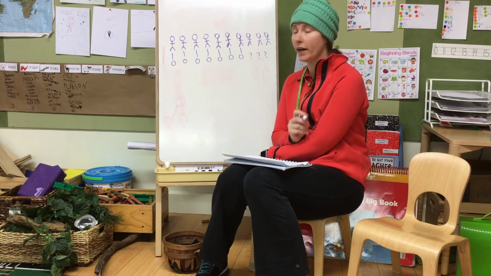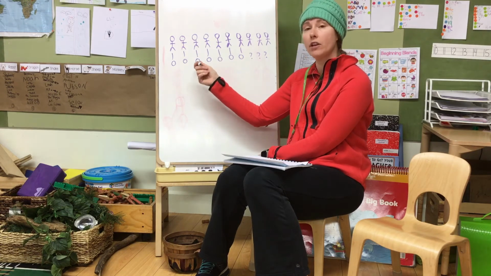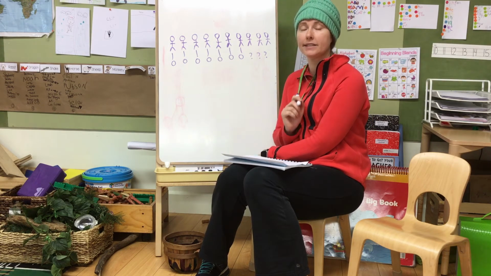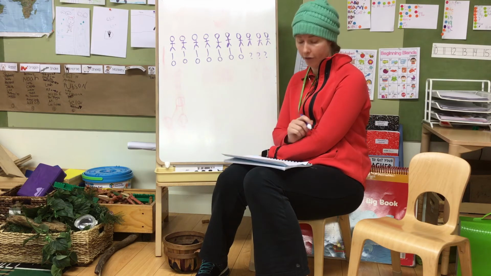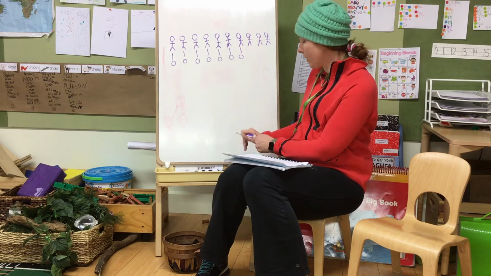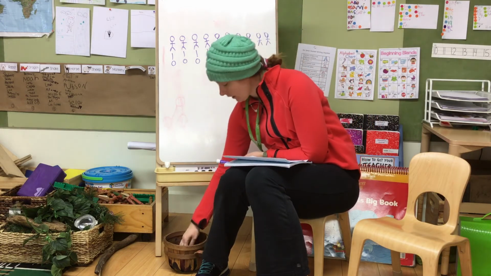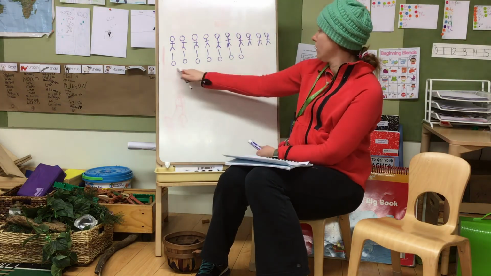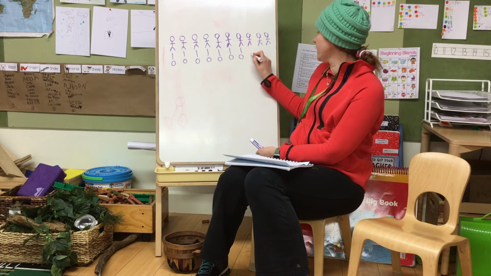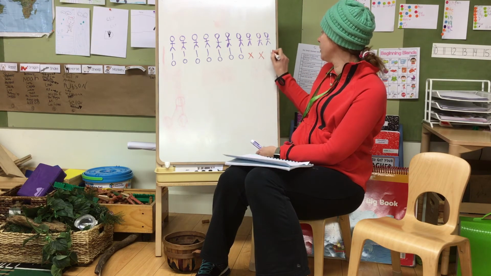So back to our question, Tim has 7 oranges. How many more does he need to make 10, which would be enough for every person? So you can easily figure that out with this drawing because we can see these people right here don't have oranges. 1, 2, 3.